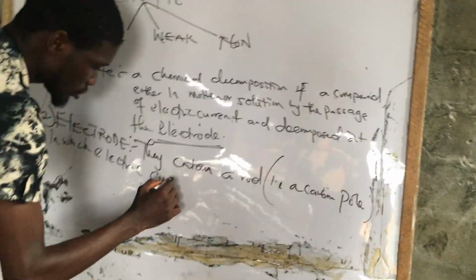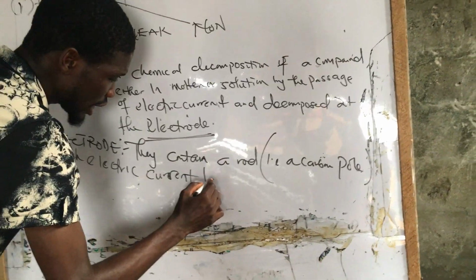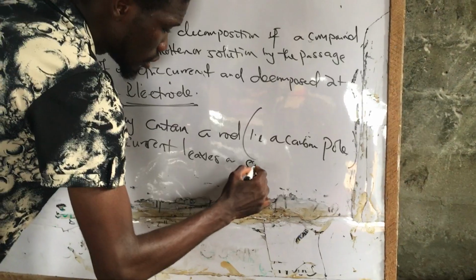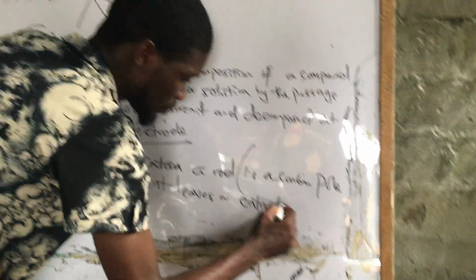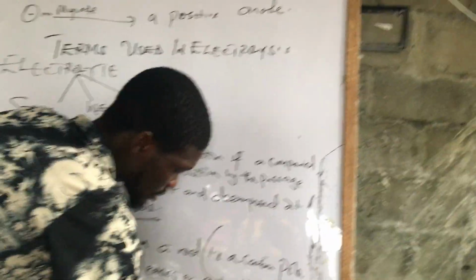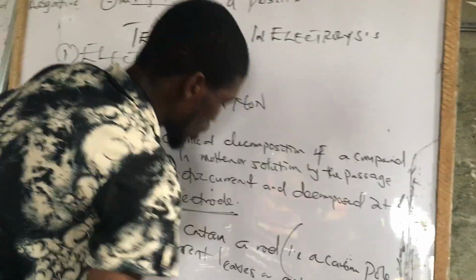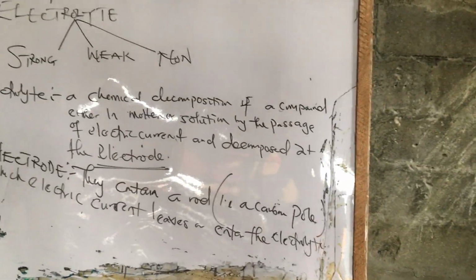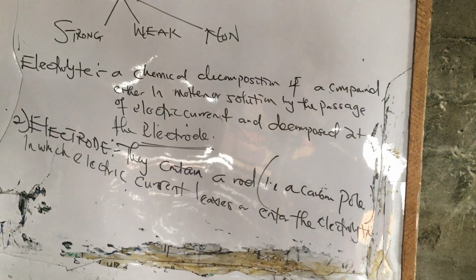electric current leaves or enters the electrolytes. And if an electrode contains a rod, a carbon pole, then there are two carbon poles.